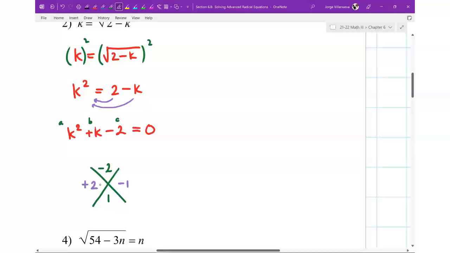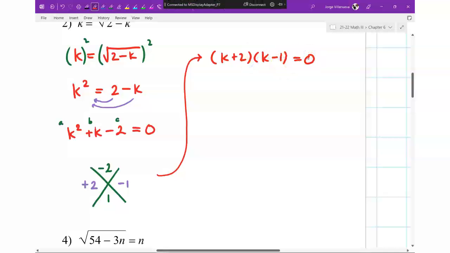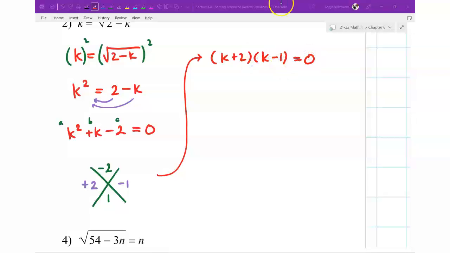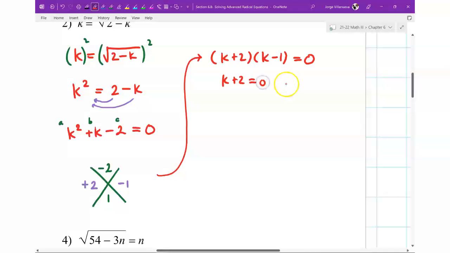Okay, good. So my next step is going to be k plus 2, k minus 1 equals 0. Okay? So at this point, you're supposed to solve for both of them. k plus 2 equals 0, k minus 1 equals 0.